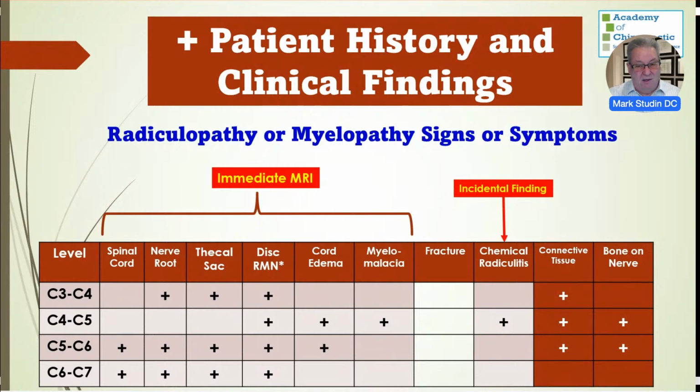And that's a biggie. You're worried about chemical radiculitis as a result of an annular fissure. When that inner nucleus pulposus material leaks out, that nucleus pulposus material is neurotoxic. It's toxic to the nerves, either in the nerve root coming out of the neural canal or the nerve root in the central canal when you've got the cauda equina.